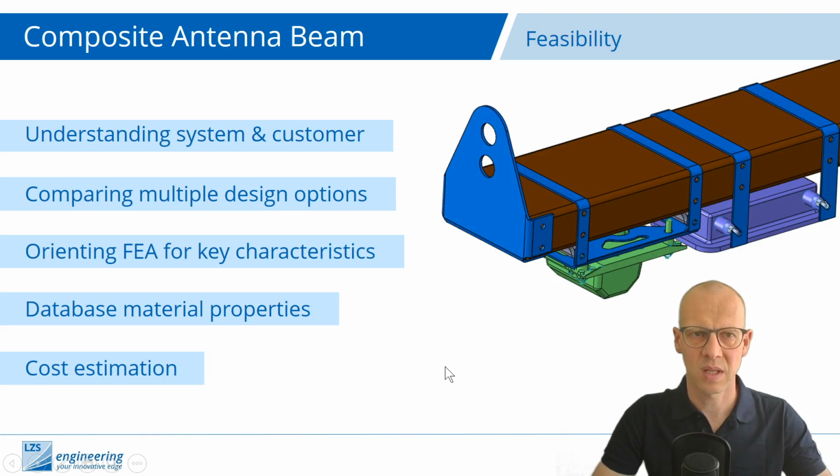So here again, we started really early with the combination of simulation, design and manufacturing in that case. Already in the feasibility study, we worked quite hard to understand the system itself, its task it has to fulfill, and especially what are the needs of the customer.